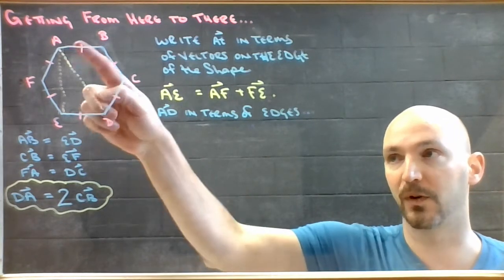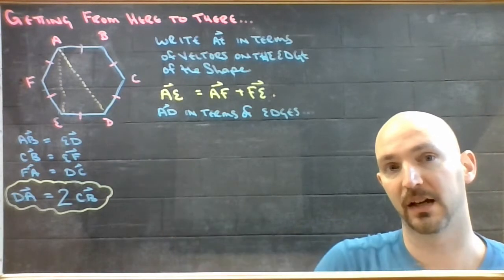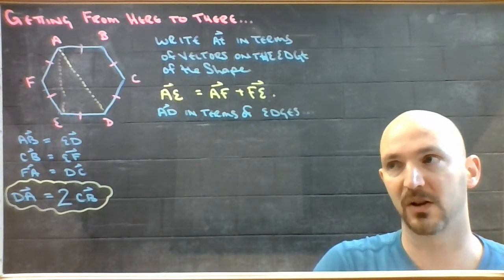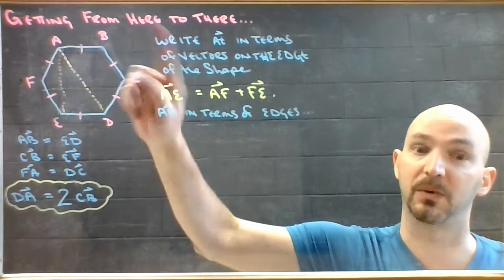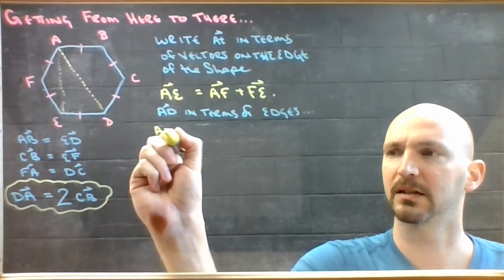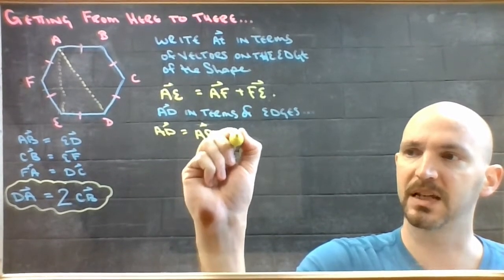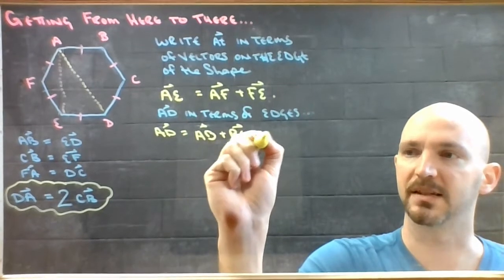Or I could go from A to B, B to C, or C to D, and I would end up at the same place. So we went this way for the first example. Let's go that way for the next one. So A to D equals A to B plus B to C plus C to D.